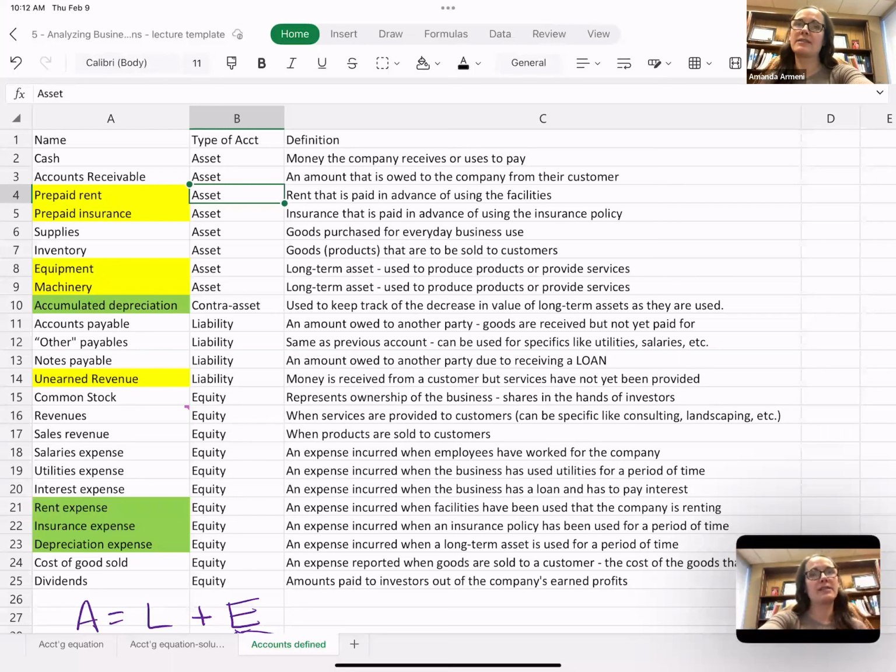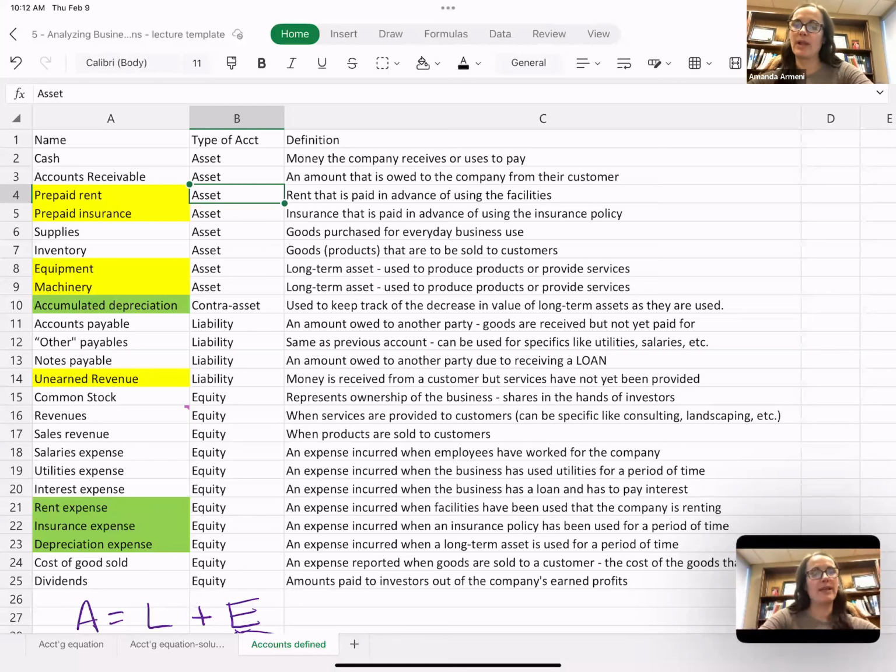Prepaid rent is an asset because it is something that we own and will benefit from in the future. We just made an annual payment, $7,200, so that we could use this office space to help run our business for the next 12 months. So we have paid for it, and we're going to benefit for the next 12 months.